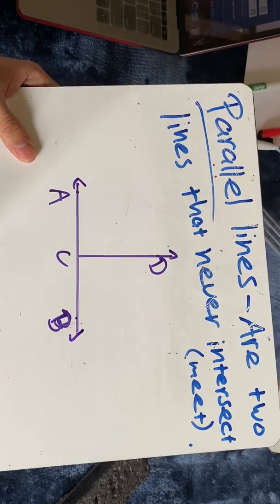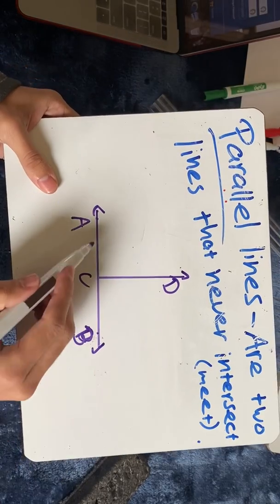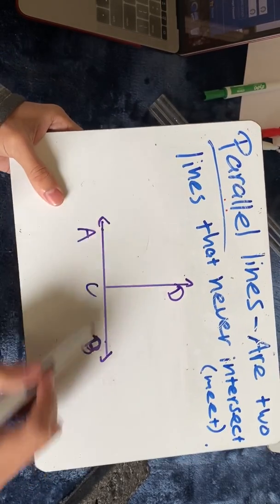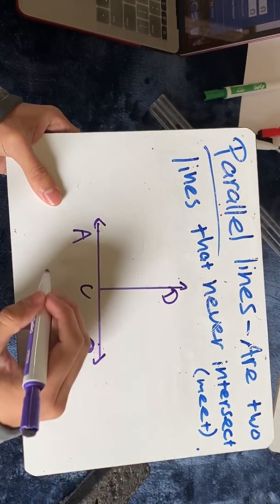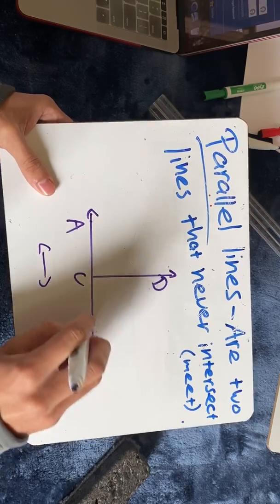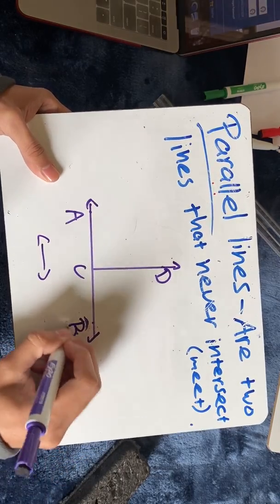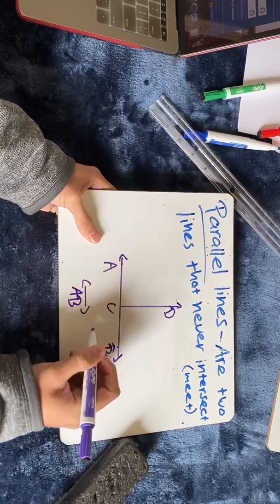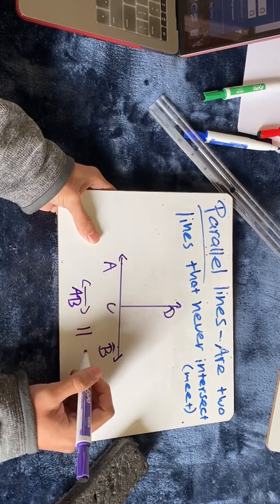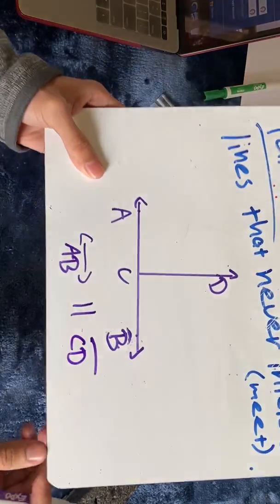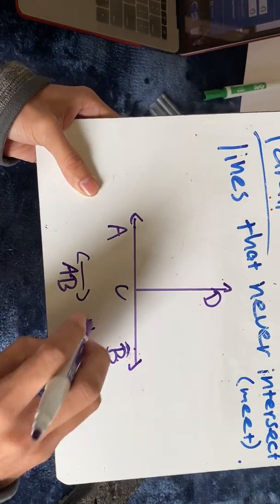I don't see any lines that will never meet. Line AB, this line here, let me make this B a little bit neater. Line AB, is it parallel to line CD? No, it is not. That is not the correct way to write it.